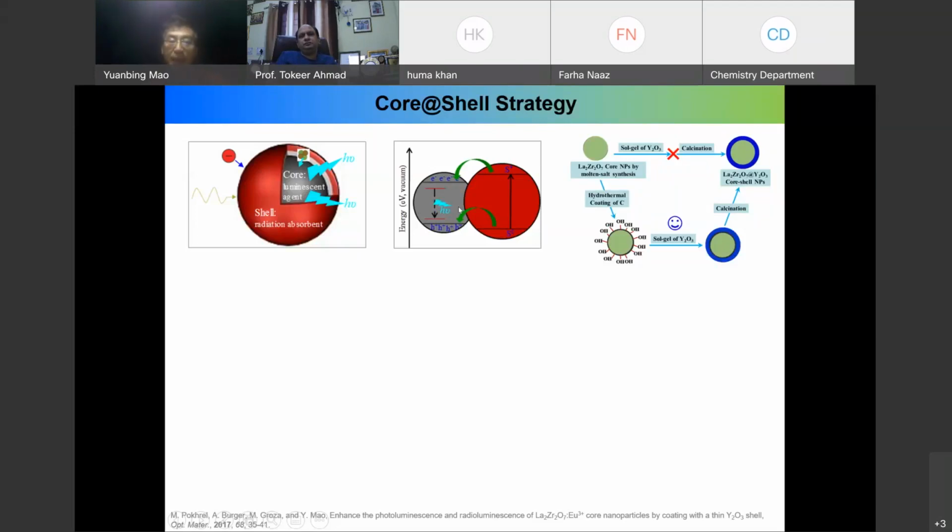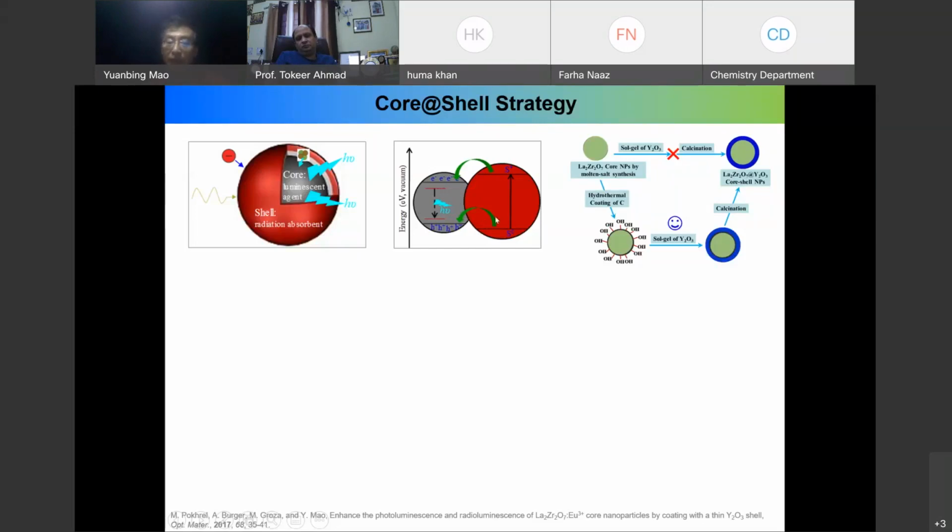So when we excite this type of core-shell nanoparticles, we create excited charge carriers, right? The core material will luminesce, right?